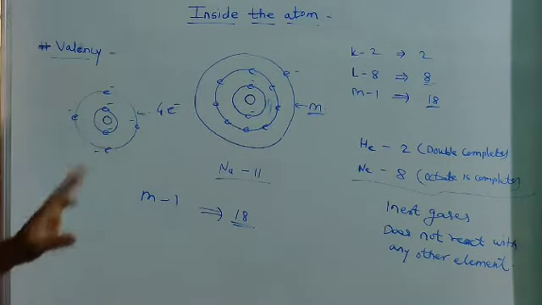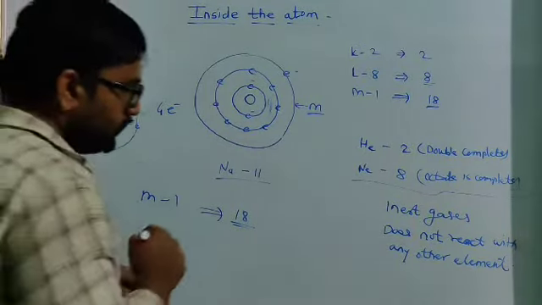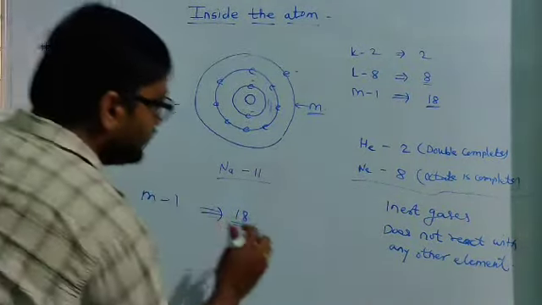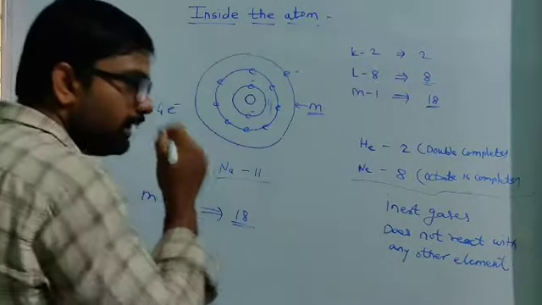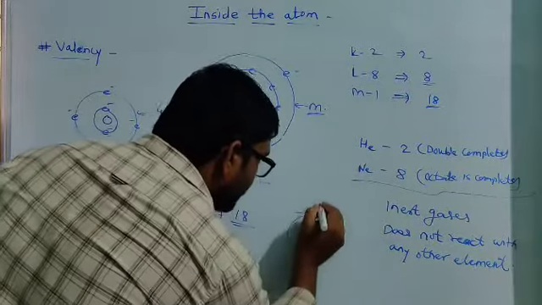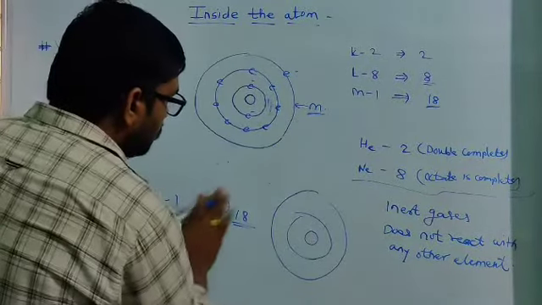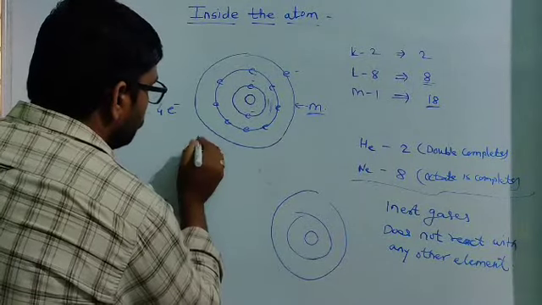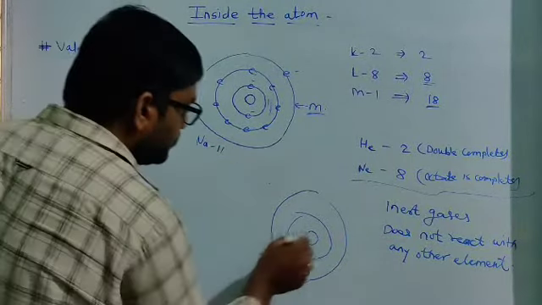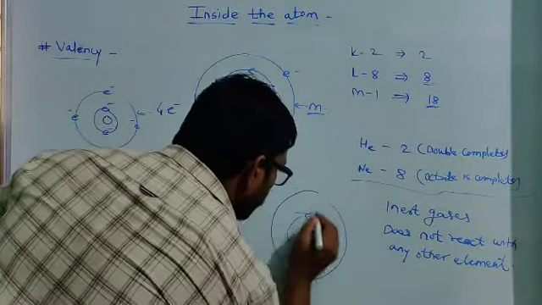If we see another example, the example of magnesium, where 12 electrons are there. Look at the nucleus, K shell, L shell. Sodium has 11, and this is magnesium. The first shell is the K shell, having 2 electrons.